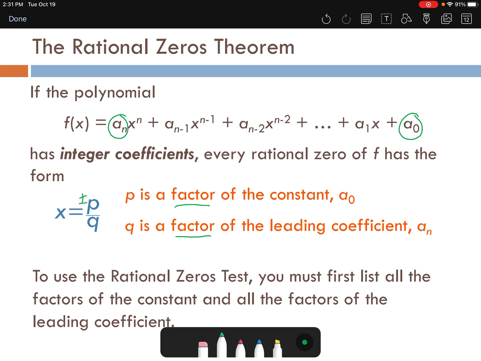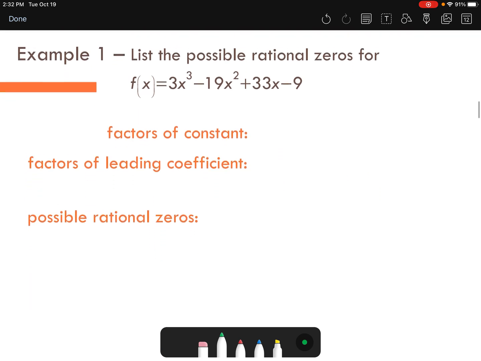Now they can be plus or minus, so I should put plus or minus p over q here. And this is what we call the rational zeros test. You list all the factors of the constant and all the factors of the leading coefficient. And once you do that, you can figure out what possible zeros there could be.